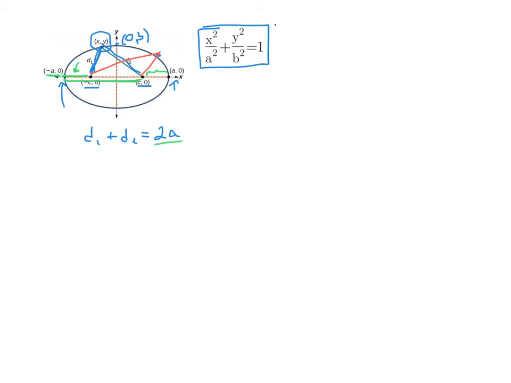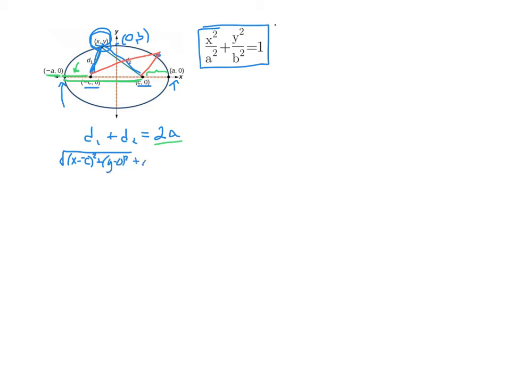So d1, I'm going to define my d1 to be the distance between (negative c, 0) and (x, y). All right, so that distance is given by the square root of (x minus negative c) squared plus (y minus 0) squared.